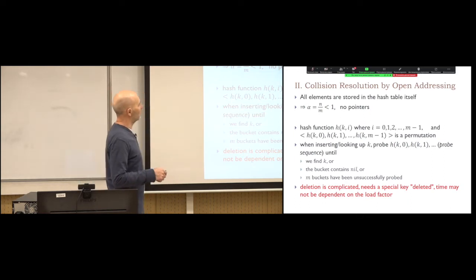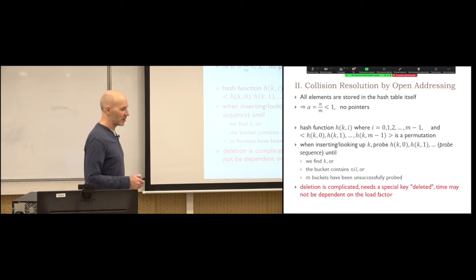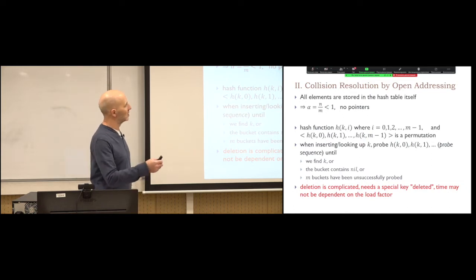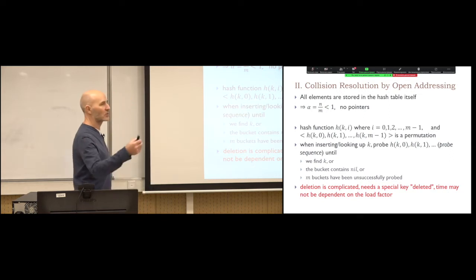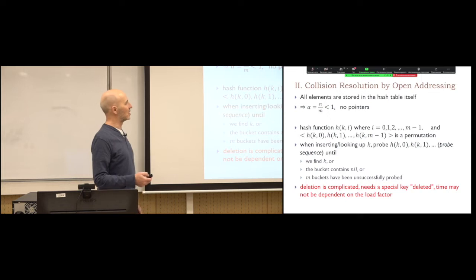So here the hash function has sort of two arguments. What does this mean? This means that we go to the primary bucket for the object. If it's occupied by another object, then we move to the second option, then to the third, fourth, until we find an empty bucket where we place the object.